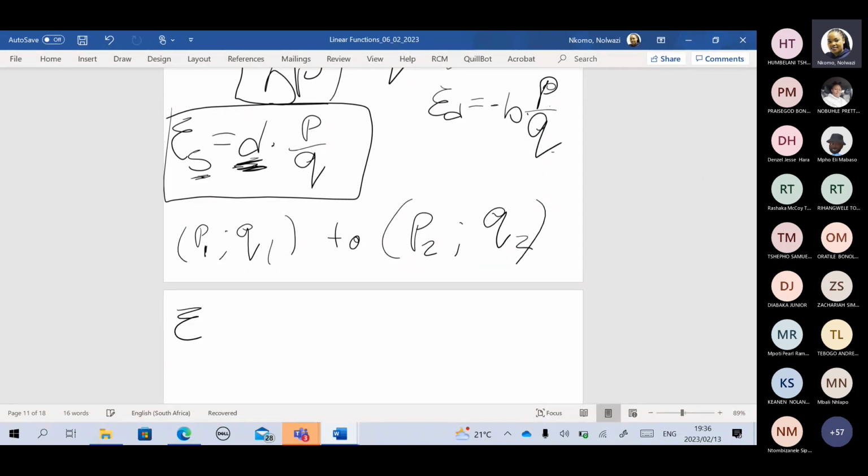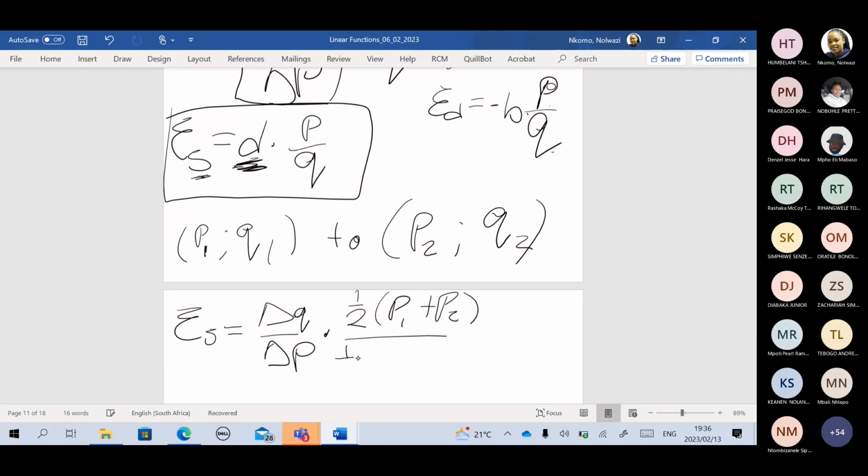Then the elasticity of supply between this interval will equal the change in Q over the change in P times half of P1 plus P2 over half of Q1 plus Q2.